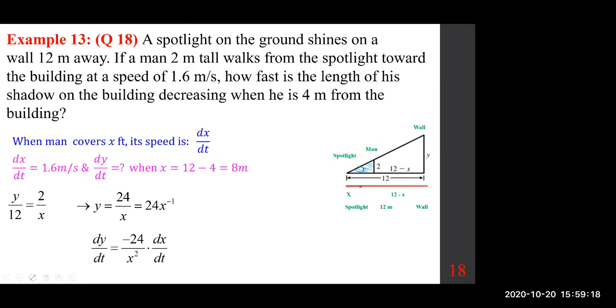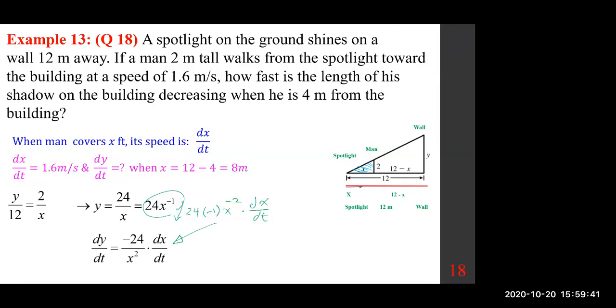So maybe I write that. This part should give you 24 times -1, x to the power of -2, dx/dt, and you rewrite it in this fashion.